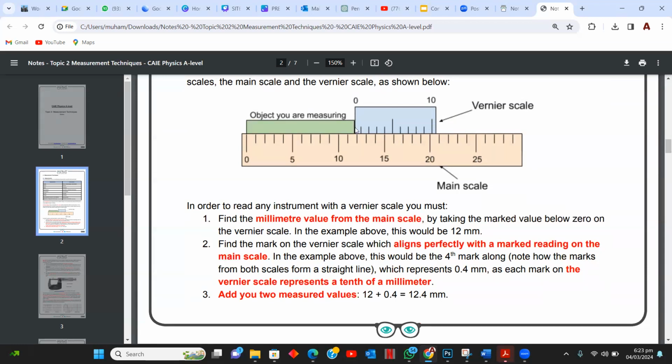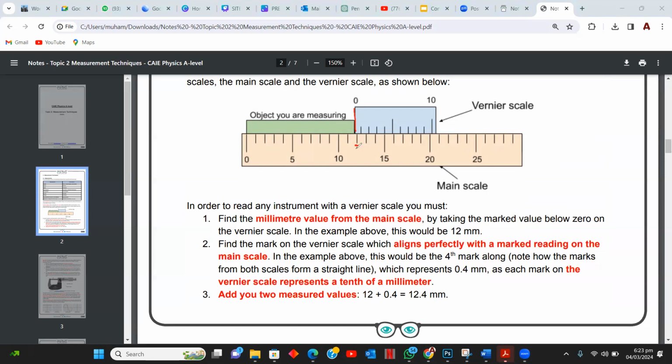From zero onwards, these are all the values on the vernier scale. There's only one line on the main scale that crosses the zero mark of the vernier scale. I'm going to make annotations here for you to understand. So this is the line on the main scale, and this is the only line that crosses the zero mark on the vernier scale. Do you get this?